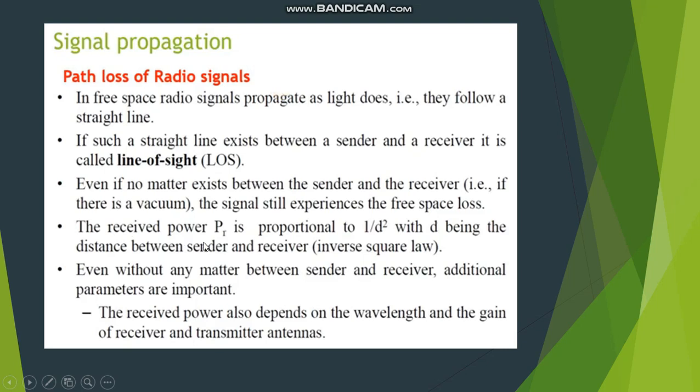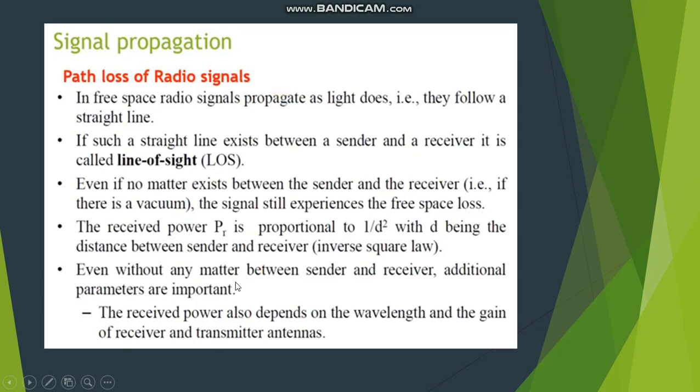So the power of the signal we have sent is proportional to 1 upon d square, that is, it is inversely proportional. Inversely in the sense that the greater the distance, the more weakening the signal will become. The shorter the distance, the signal might be strong enough to travel that short distance. So the strength, or say wavelength, of the signal on the receiver end depends upon the distance between sender and receiver.